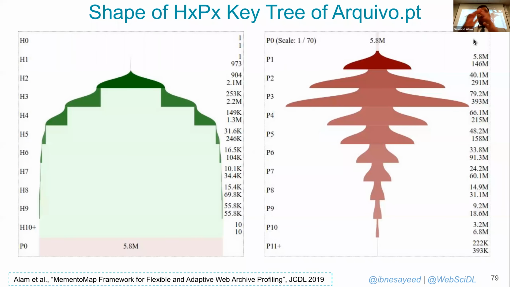So the tree organization that we described before, if we take all their URIs and organize them in the tree structure, on the left-hand side we have host names, and on the right-hand side we have paths. It shows how URIs grow at different levels. And what we found is that up to host level 4 is where all the growth happens.